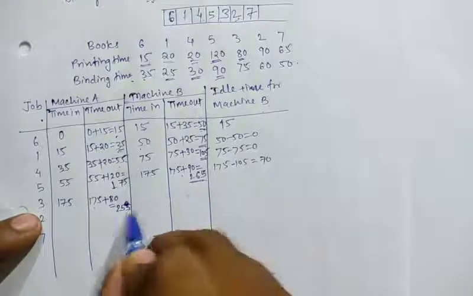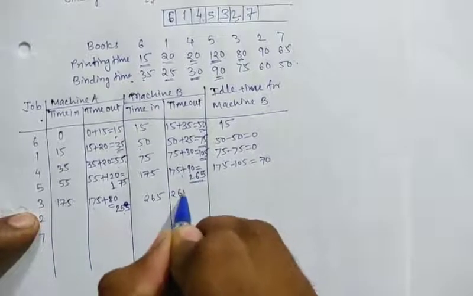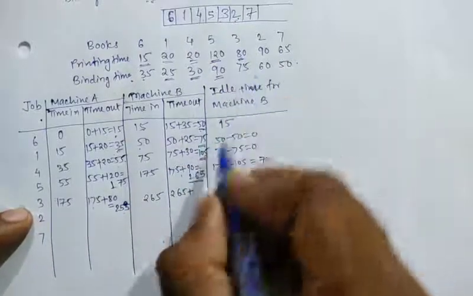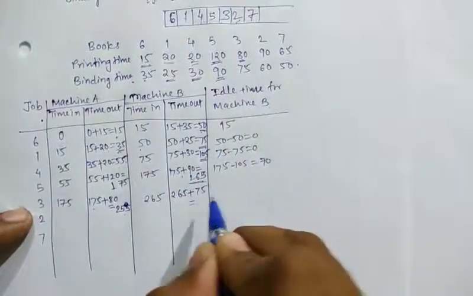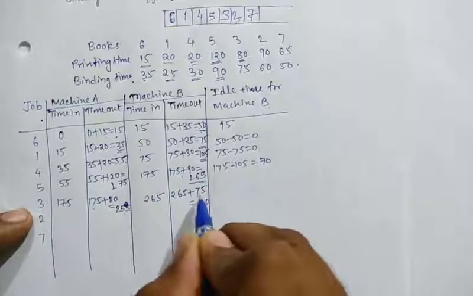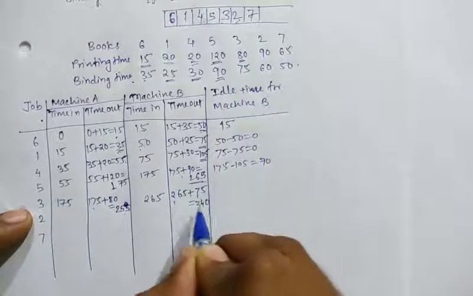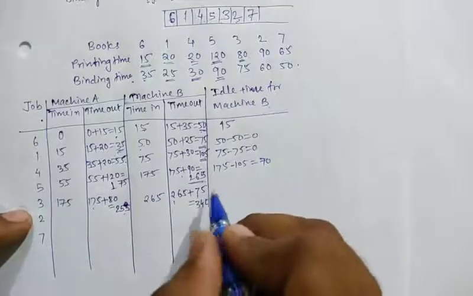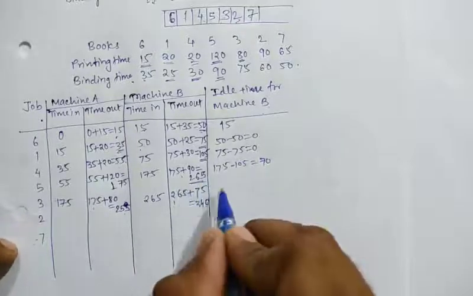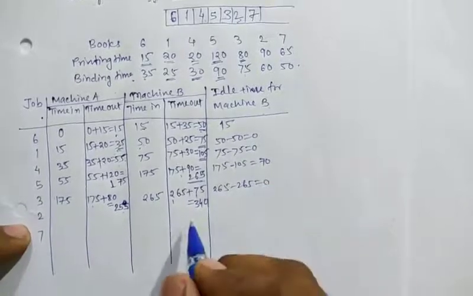Okay, so maximum among this is 265. Okay, so 265 plus for third job and machine 2 it requires 75 hours, which is equal to 340, so it requires 340 hours. Okay, now what is its elapsed time? So 265 minus 265, which is equal to 0.